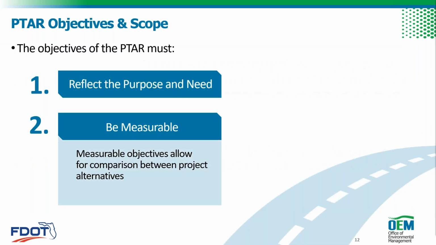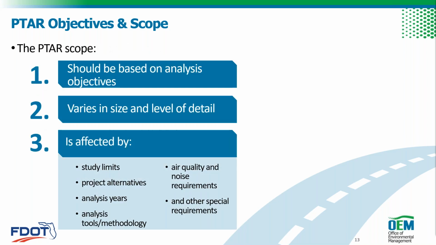So the objectives of the PTAR should reflect the purpose and need. And we also want the objectives to be measurable so that we can compare and contrast between different project alternatives. And the PTAR scope is based off of the objectives, which is based off of the purpose and need.